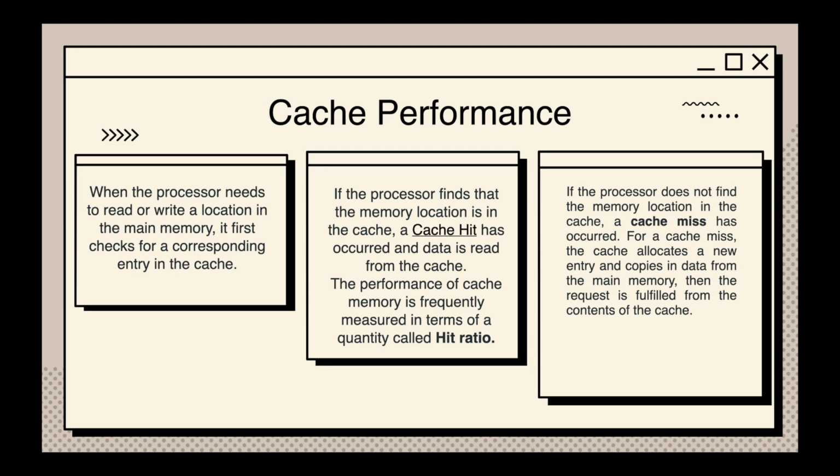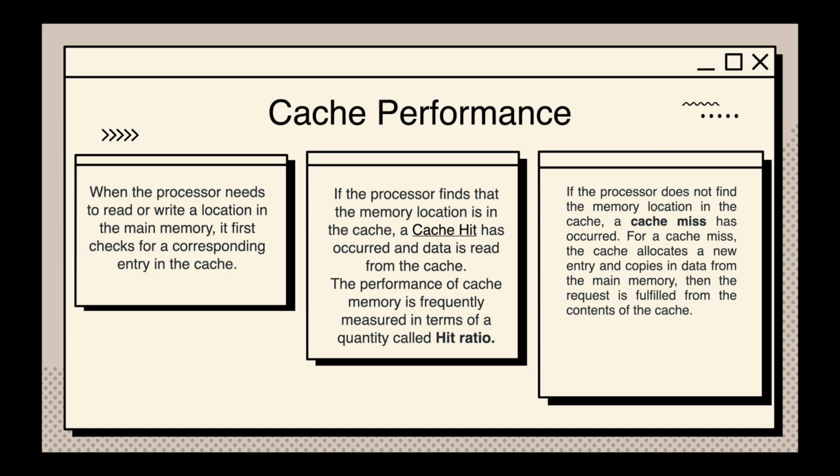The cache hit rate is another important factor that affects performance. A high hit rate means the processor is able to retrieve data from the cache most of the time, resulting in faster processing times. However, a low hit rate means that the processor must frequently access data from main memory, resulting in slower processing times.